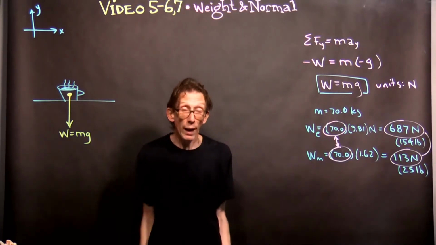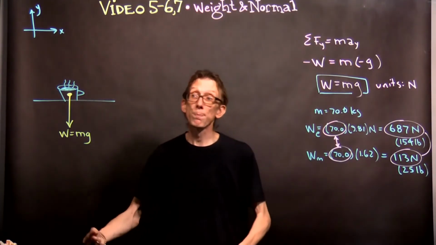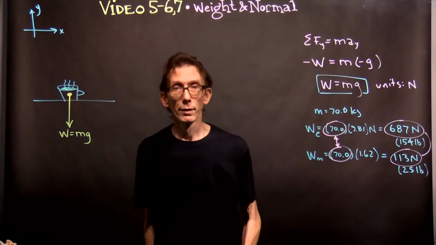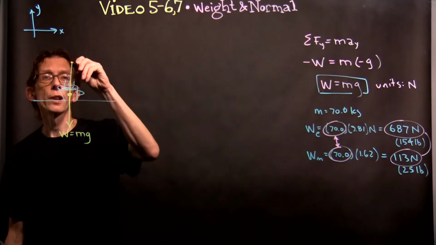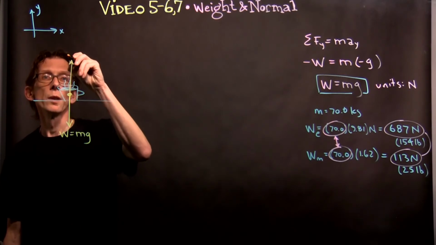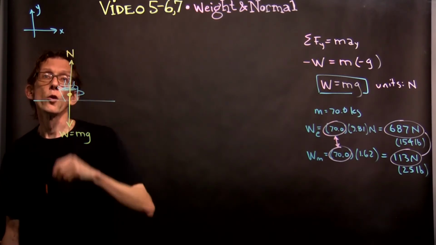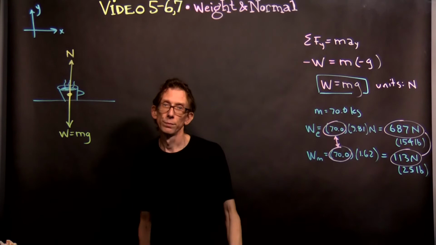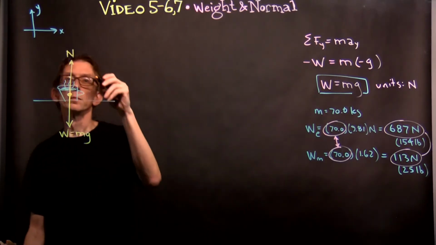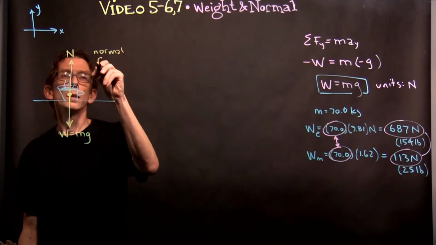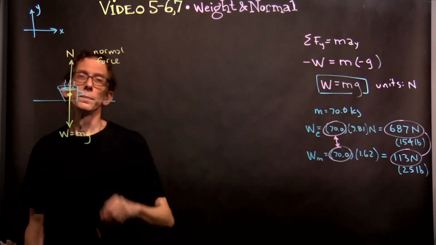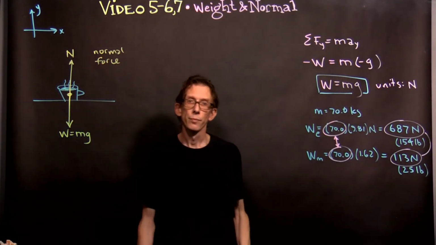It's because of the table, right? The table's in the way. The table is pushing up on it, supporting it. There is a force upward on the coffee cup from the table known as the normal force. Capital N. Normal force.